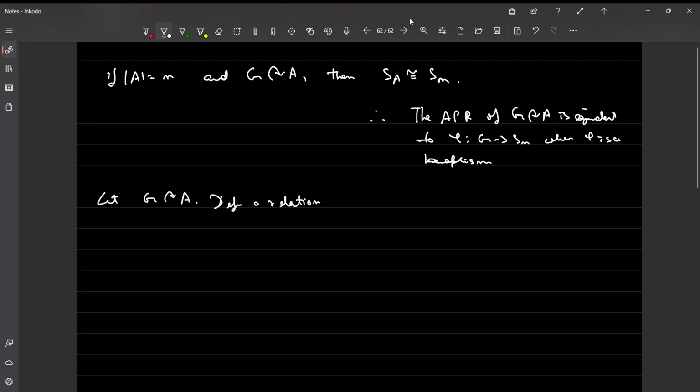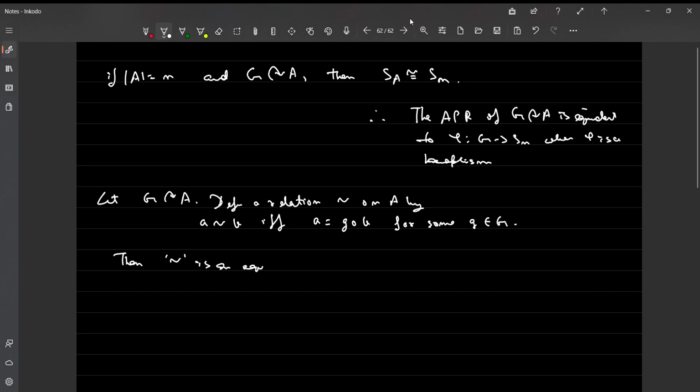Now, let G be acting on A. Define a relation on A by saying A is related to B if and only if A equals g times B for some g in G. Then this is an equivalence relation.